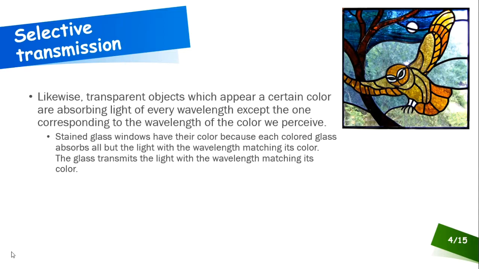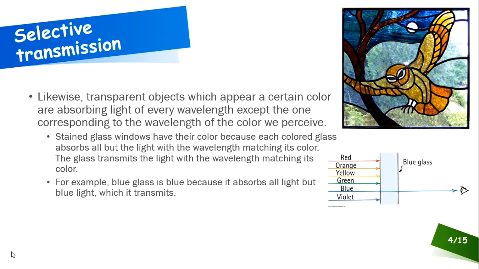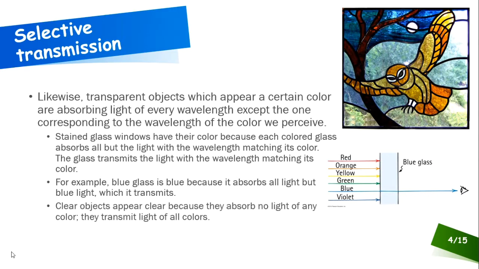Each portion of the stained glass window has a different color, and the one that's matching is what's actually being transmitted through. So blue glass appears blue because it absorbs everything but blue light, which it transmits. And that's how we see the blue. Of course, clear objects are not absorbing any light. They're transmitting everything out.